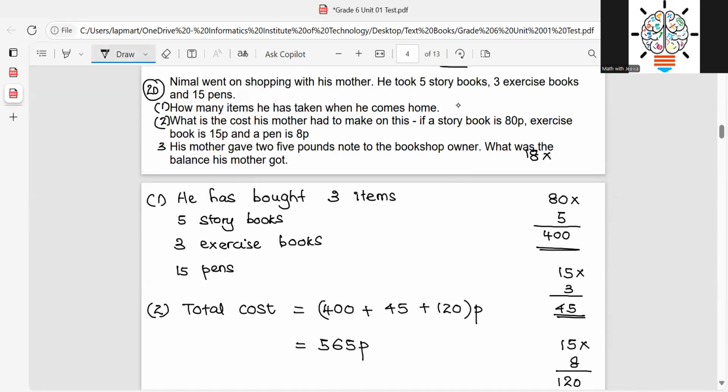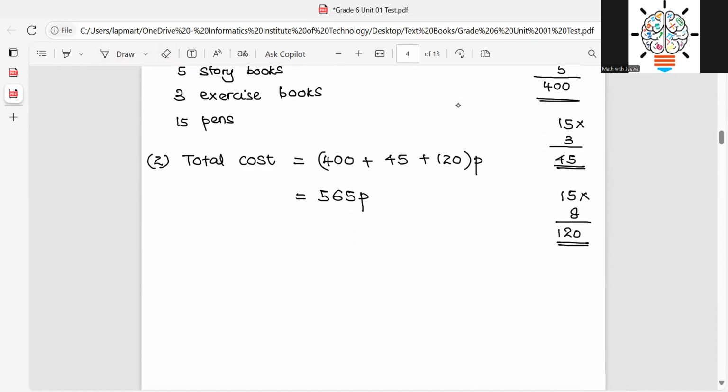So then his mother gave 2 £5 notes to the bookshop owner. What was the balance? What was the balance, right? First of all, you want to understand 2 £5.